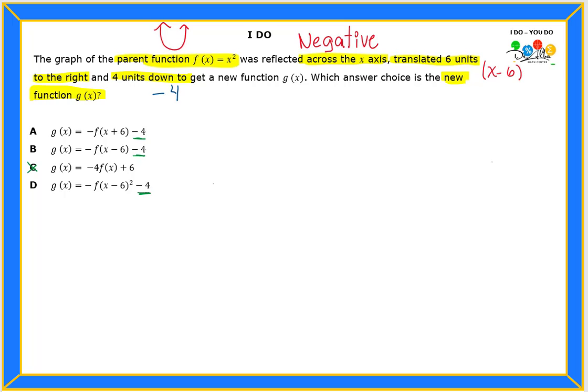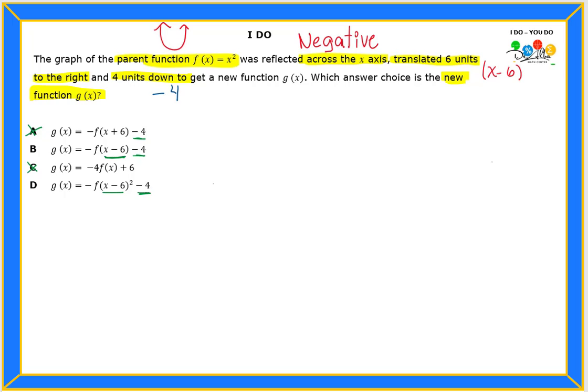Now, I am also looking for x minus 6. Well, A has x plus 6, then that's out. Letter B has the x minus 6. Now, what is wrong with D? Well, D has the x minus 6, but it has the second power.